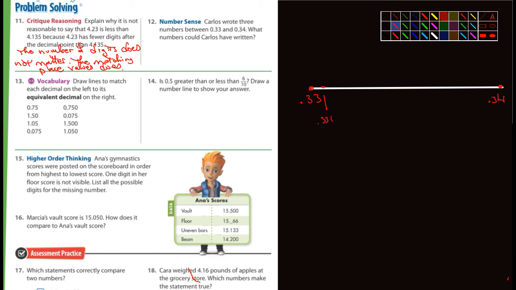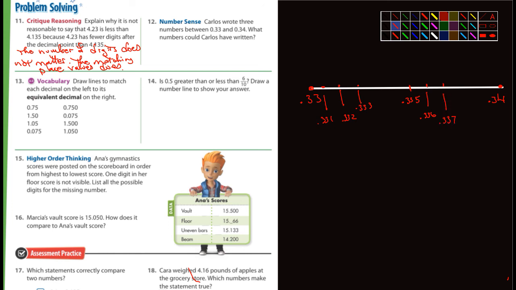So right here might be 0.331. And right here might be 0.332. And right here, 0.333. And then about in the middle here, what would we get? We'd get 0.335. And then right about here, 0.336. I think you guys can see where I'm going with this. 0.337.